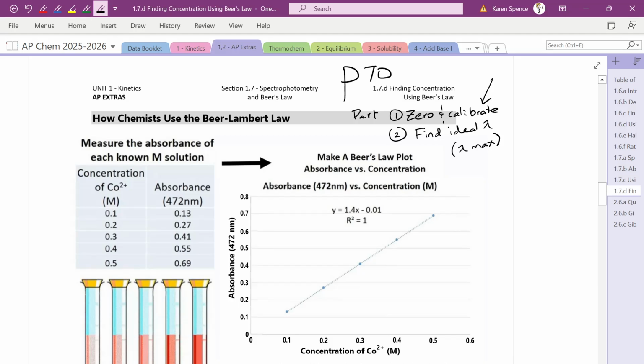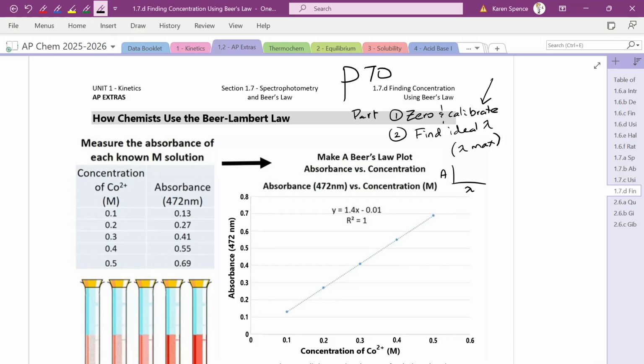This is like what we were talking about yesterday, where you take a certain concentration and plot wavelength versus absorbance. Quite frankly, on the AP exam, they're not going to ask you anything about zeroing it or anything like that, other than, so-and-so forgot to zero the spectrophotometer.